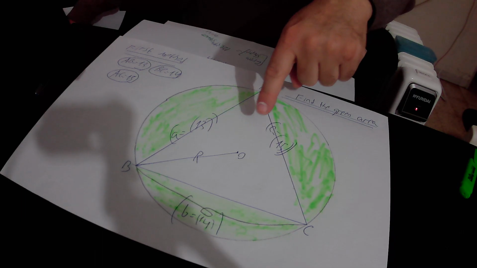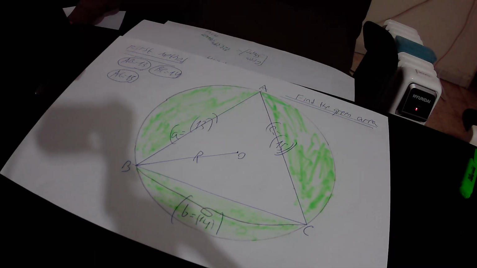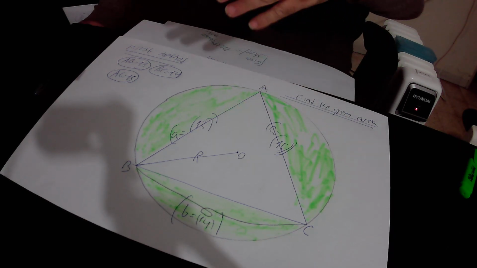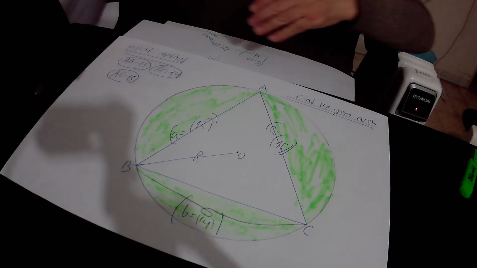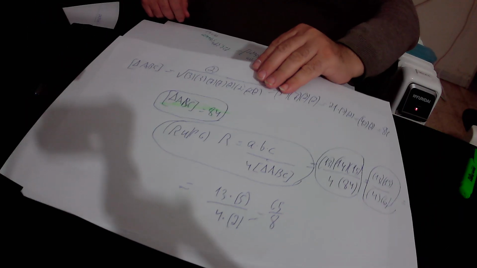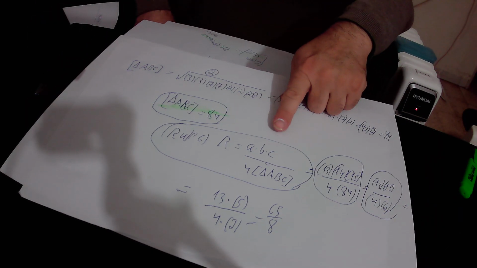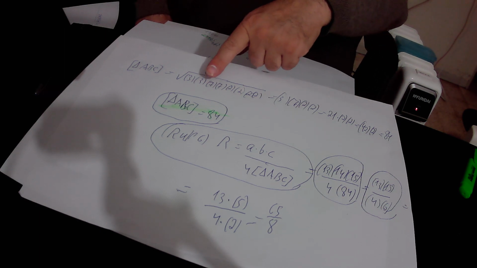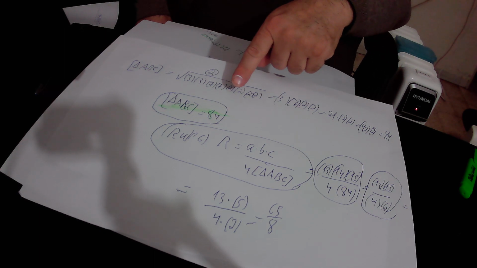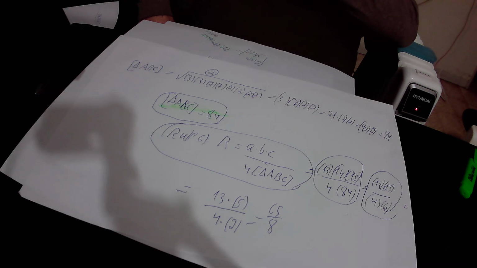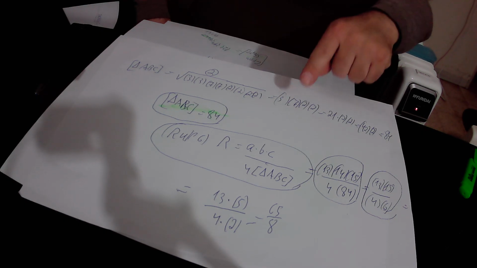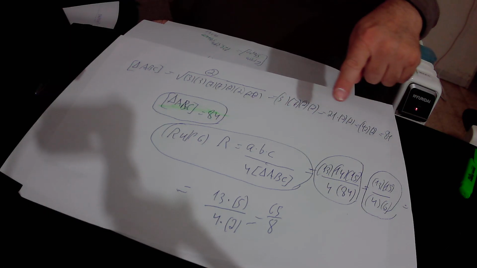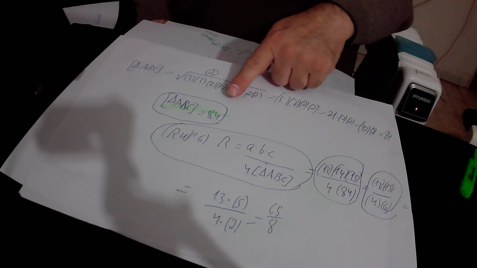We define the radius of this circle as R. So according to rule number 6, the radius R of this circle that blocks triangle ABC will be equal to A times B times C over 4 times the area of triangle ABC. And we already found out that the area of triangle ABC that is blocked by the circle is equal to 84 square units. So R equals A, that is 13, times B, that is 14, times C, that is 15, over 4 times the area of triangle ABC, that is 84.